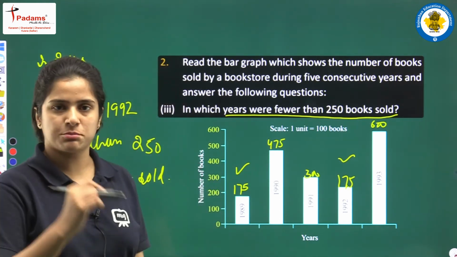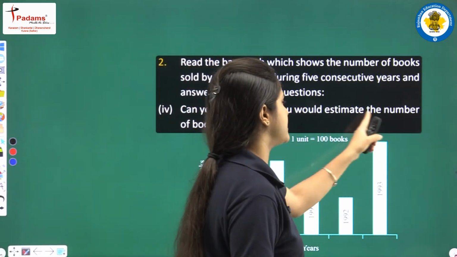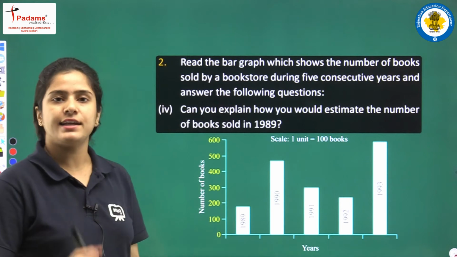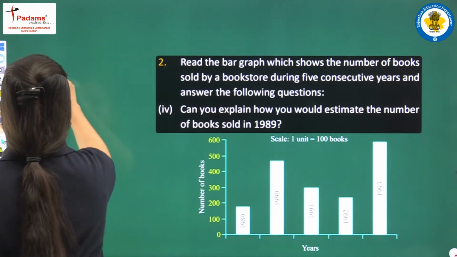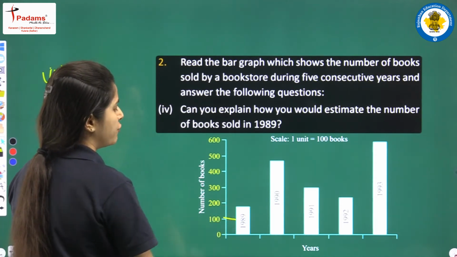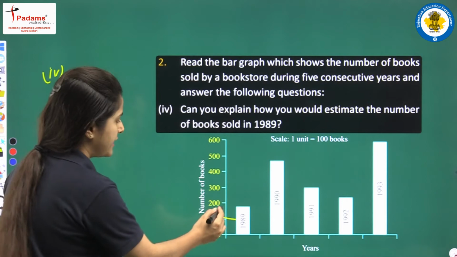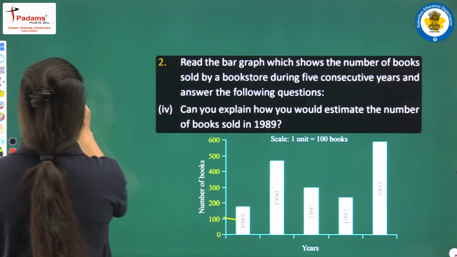What is your fourth part? Can you explain how you would estimate the number of books sold in 1989? Yes, we can explain. Clearly, in 1989 the bar is greater than 1 unit and smaller than 2 units completely. So 1 unit is equal to 100.